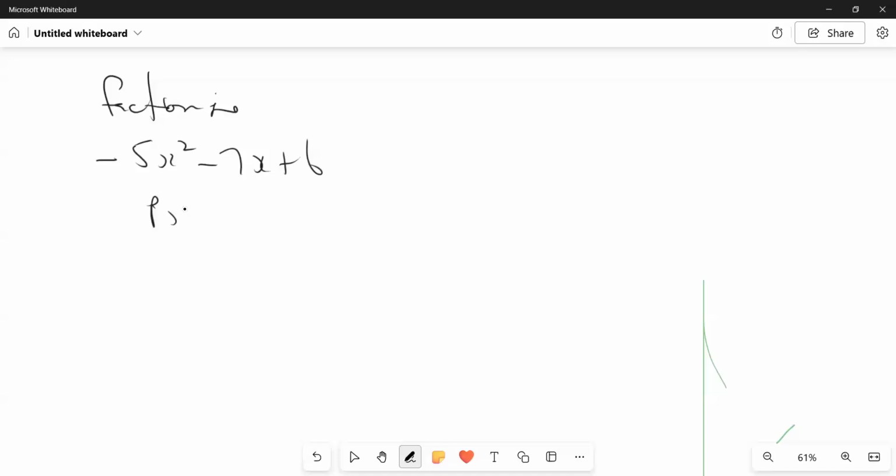We're looking for two numbers, P and Q. P plus Q must be equal to minus 7. And P times Q must be minus 5 by 6, which is minus 30. What are the two numbers there? Two numbers, when we add them, we get minus 7, and when we multiply them, we get minus 30.